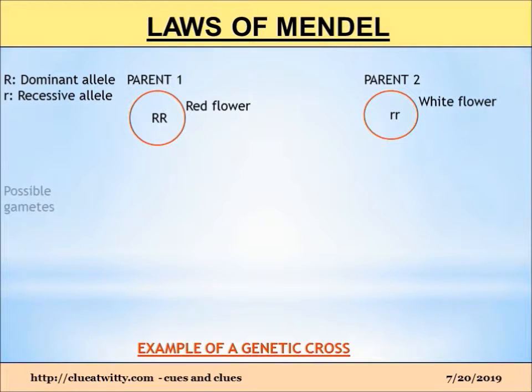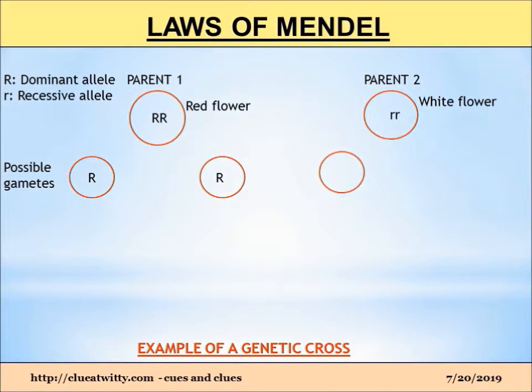During meiosis, the possible gametes are formed from the first parent. The gametes are capital R and capital R. And from the second parent, the possible gametes are small r and small r.